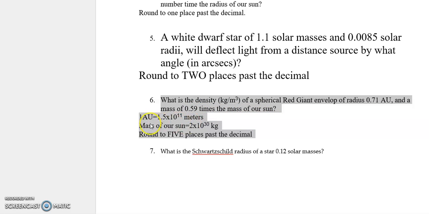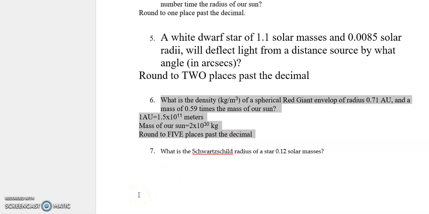And they give us that 1 astronomical unit is 1.5 times 10 to the 11th meters, and the mass of our sun is, of course, 2 times 10 to the 30th kilograms. And it says to round to 5 places past the decimal.